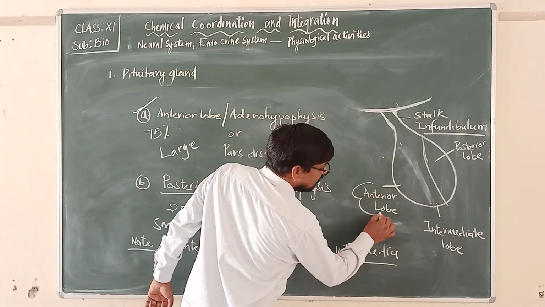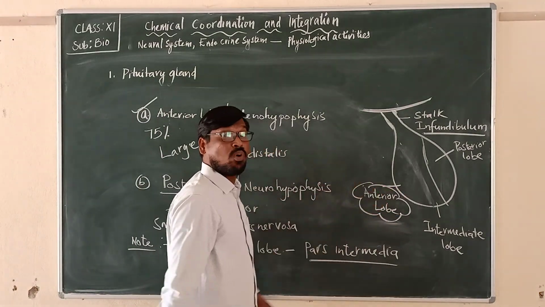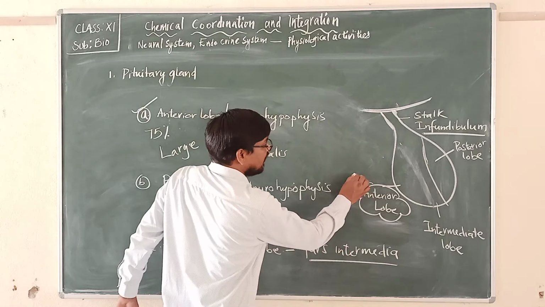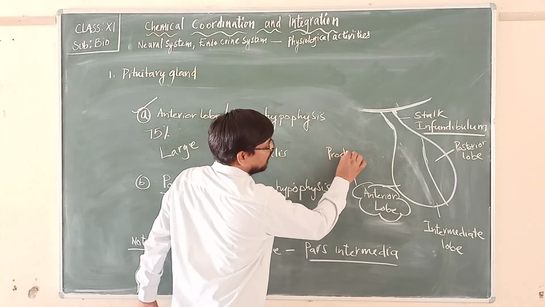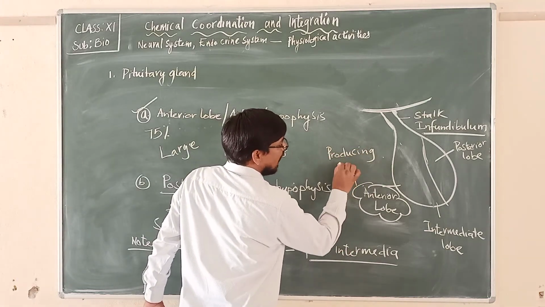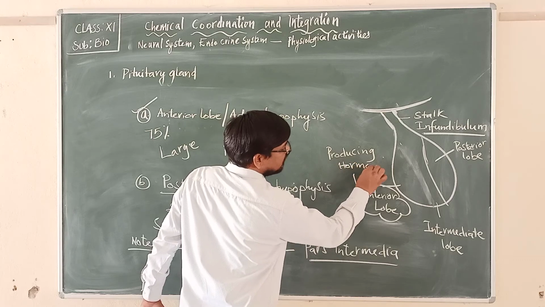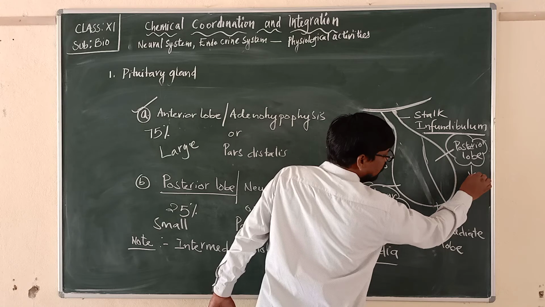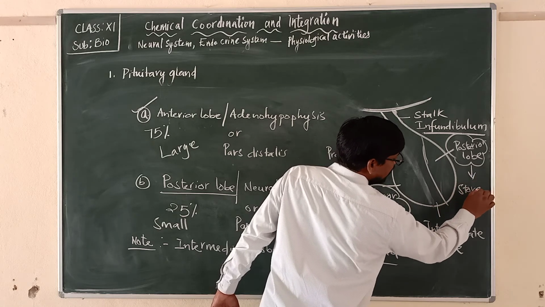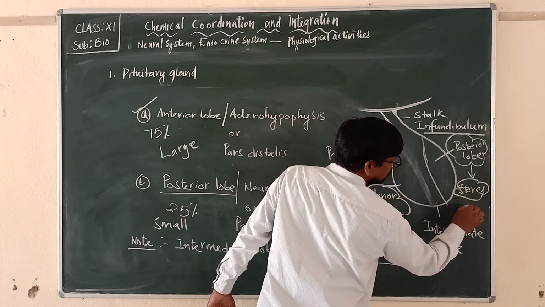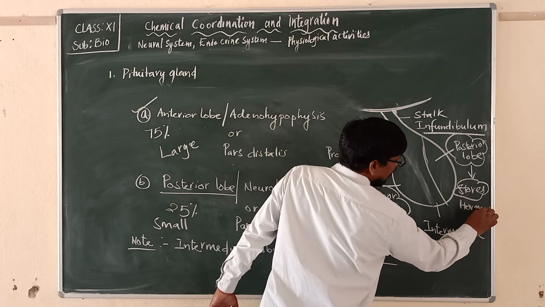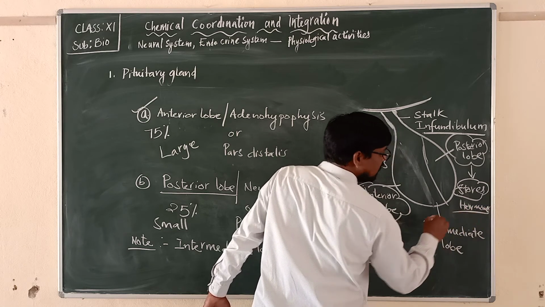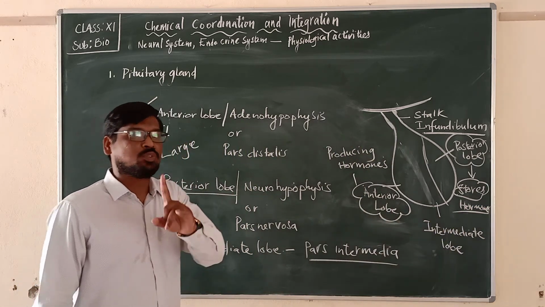So remember that the anterior lobe is involved in producing hormones, whereas the posterior lobe only stores hormones. This is a very important thing to keep in mind, and we should not get confused.